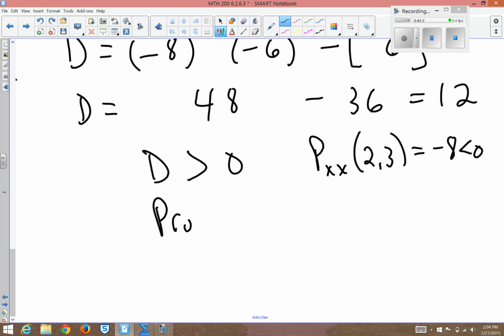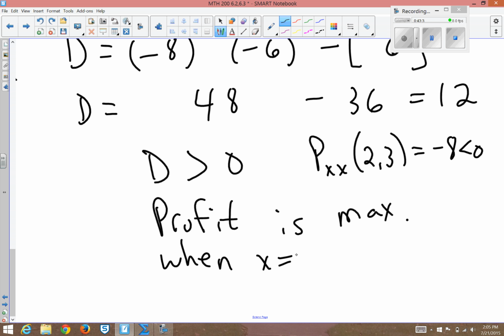When I say maximum at 2, 3, I'm talking about P, profit. Profit is maximum when x is this first number. And remember, x is in thousands of shirts. So we're going to say 2,000. x was the number of $18 shirts.